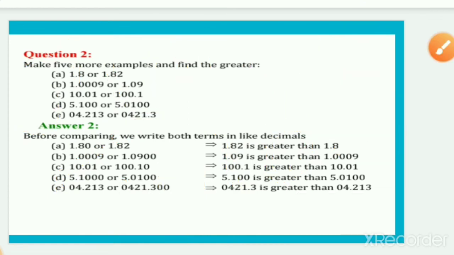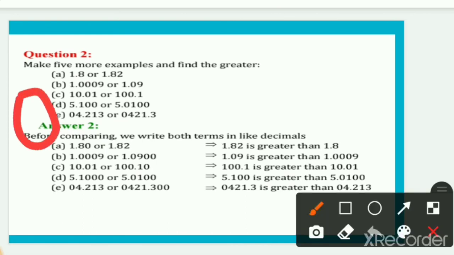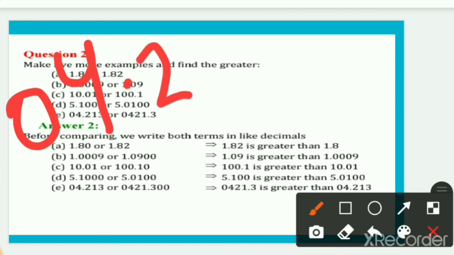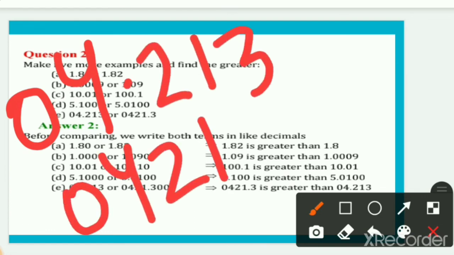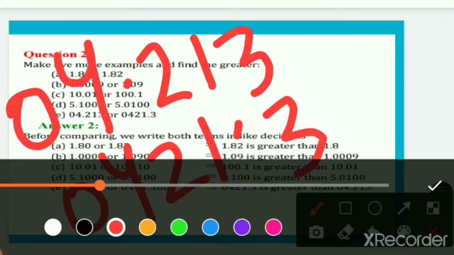Now moving to the E part, we have 04.213 or 0421.3. Which number is greater? Before the point we have how many digits?